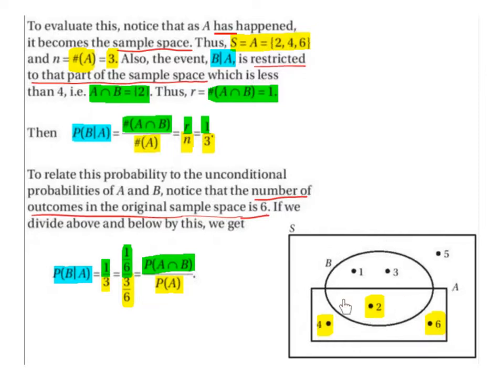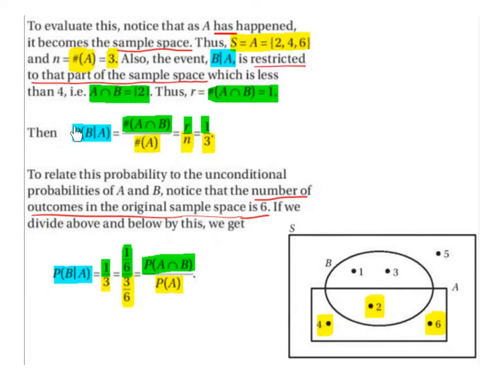Set B are those that are less than 4. So 2 is the only element in the intersection. 2 is even, and it is also less than 4. Thus, r is the cardinal number of elements of A intersection B, which is 1. There's only one element there.